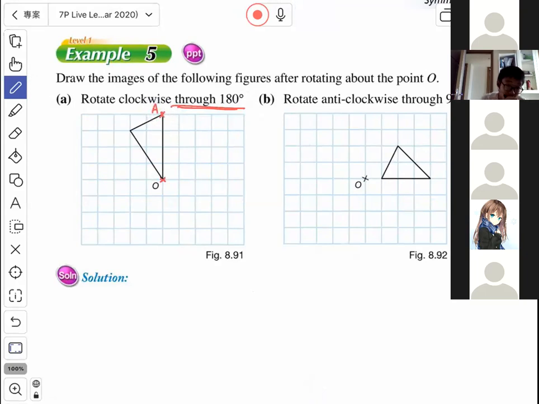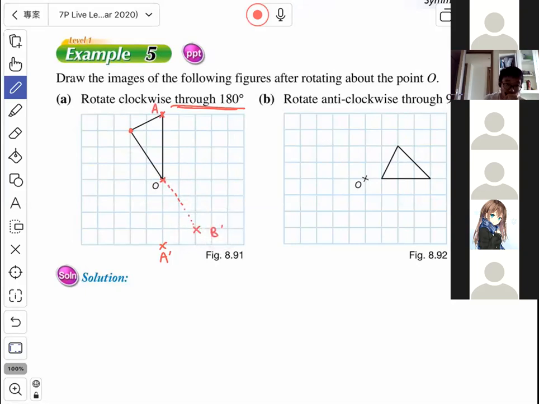Let's say this is point A, and then after you rotate it like this by 180 degree, A should appear at the bottom of the figure. It means A would be here. And then for the second point, by 180 degree, you draw a straight line up to here.